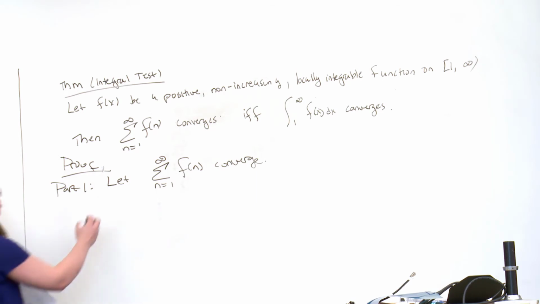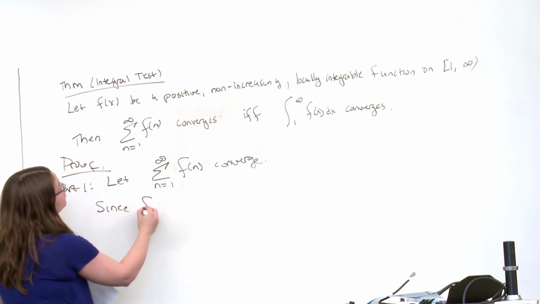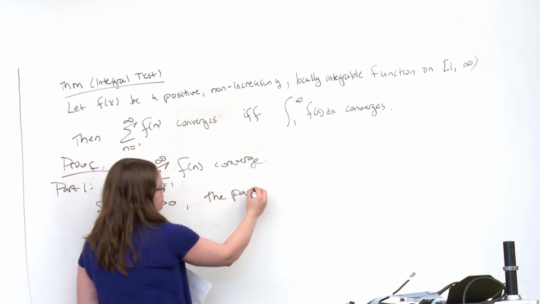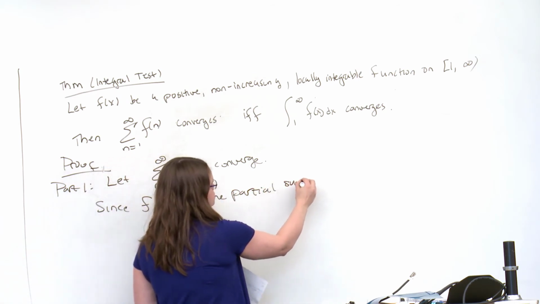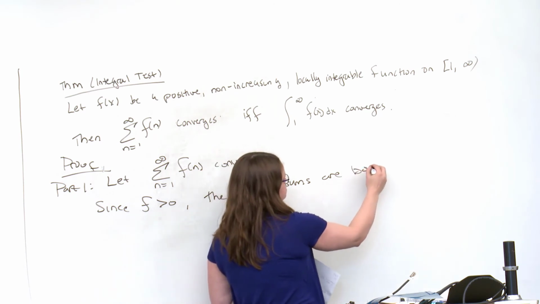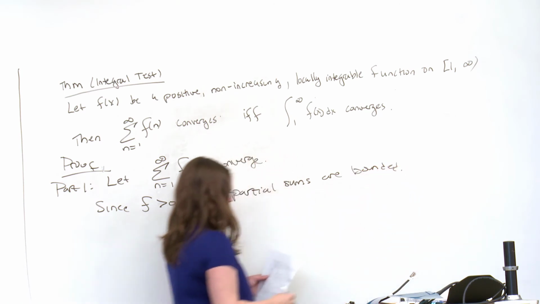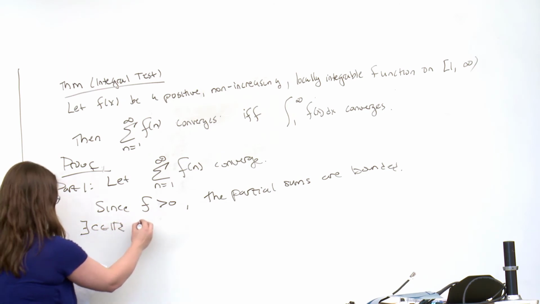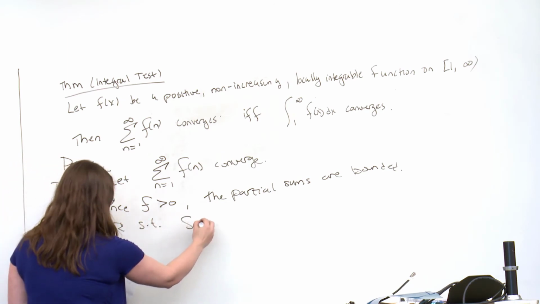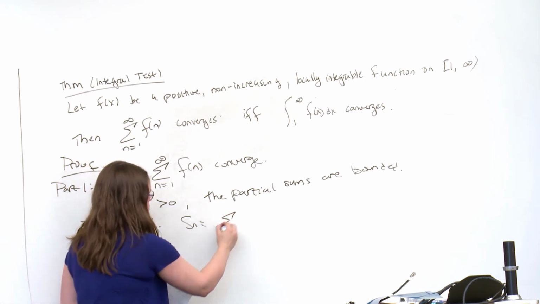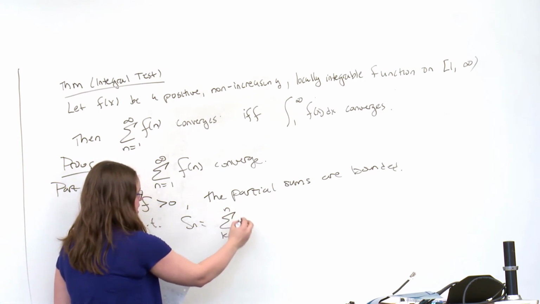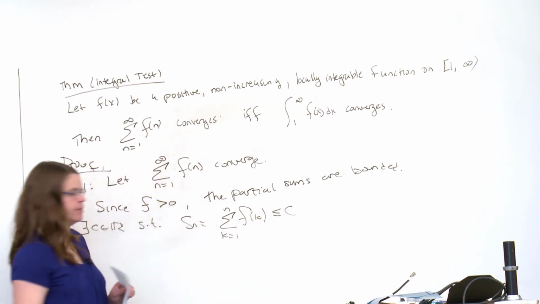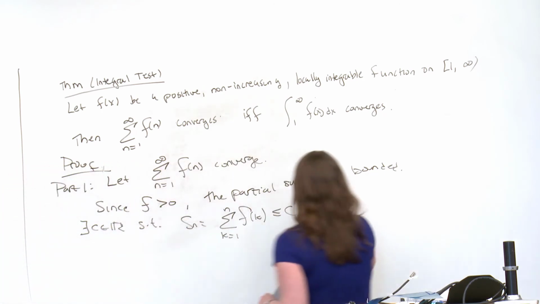Okay, so since f is positive, the partial sums are going to be bounded. In other words, there exists some real number c such that if I add up the first n terms, I get something less than c, no matter how big I take n.